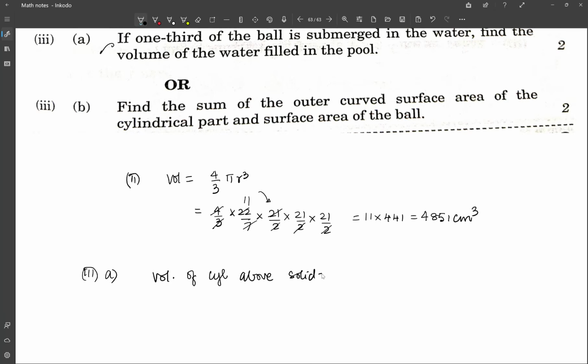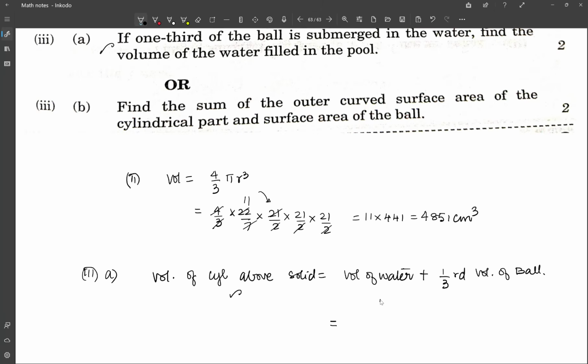So that should be calculated as the volume of the water plus 1/3 of the volume of the ball. So these two together, they comprise of this cylinder above the solid.